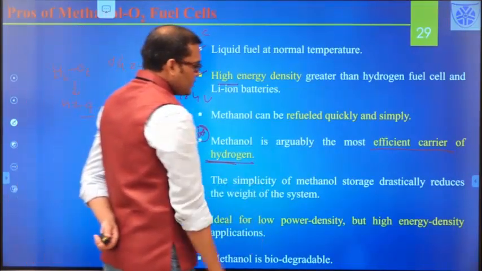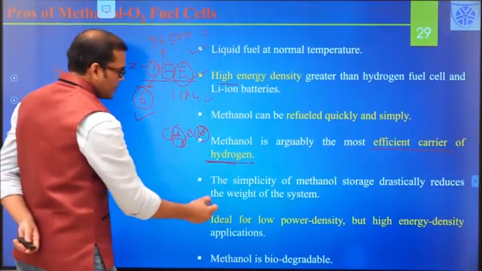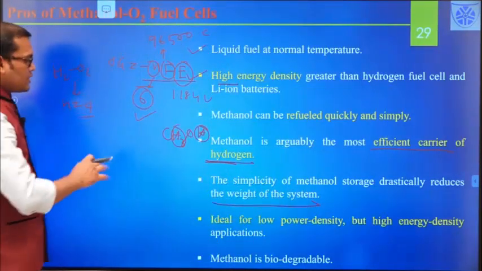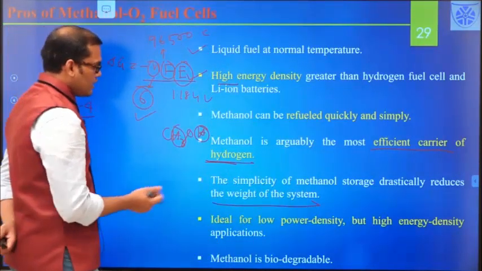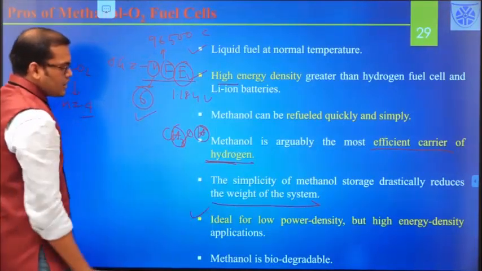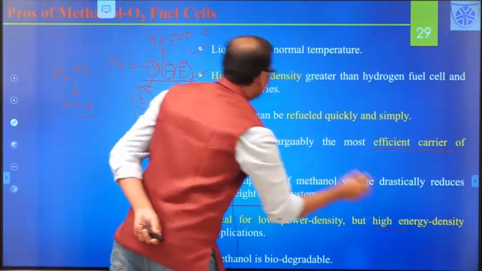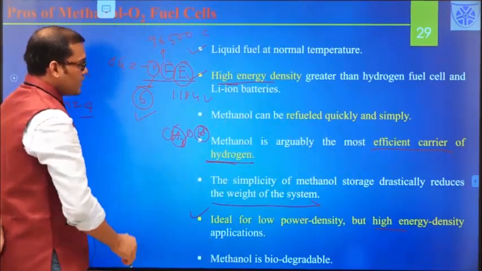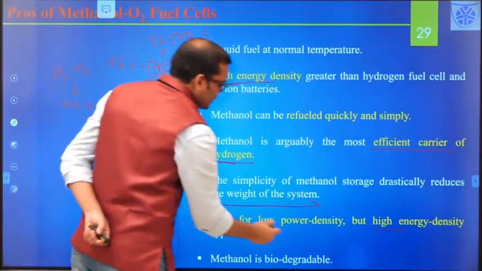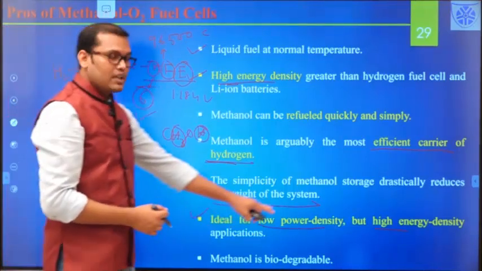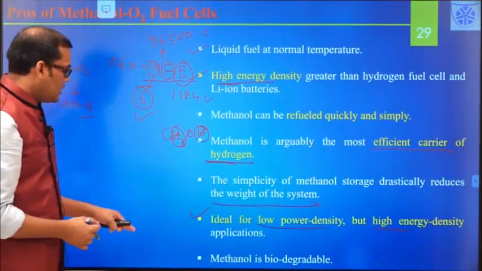The simplicity of methanol storage drastically reduces the weight of the system, because there is no cylinder and all. You can just put in the liquid. That's why it is very simple, and it's ideal for low power density but high energy density. High energy density, as I told, is because of the higher number of electrons coming out from the electrochemical reaction. And if you have an application for low power density, you can use the methanol oxygen fuel cells.